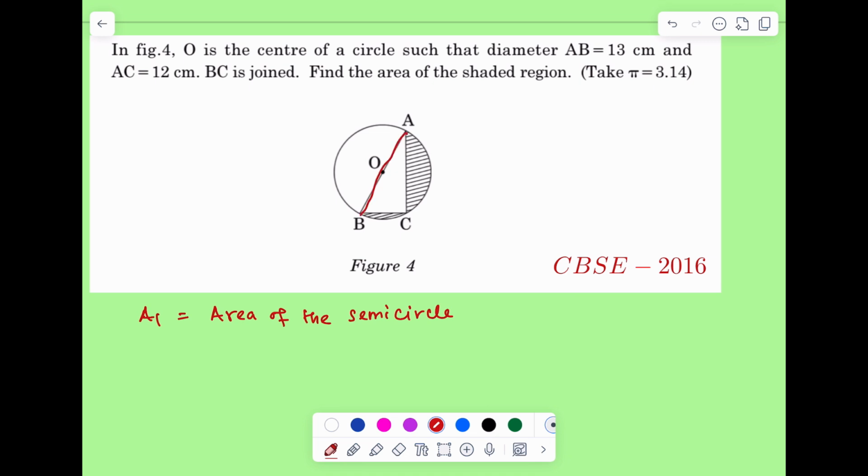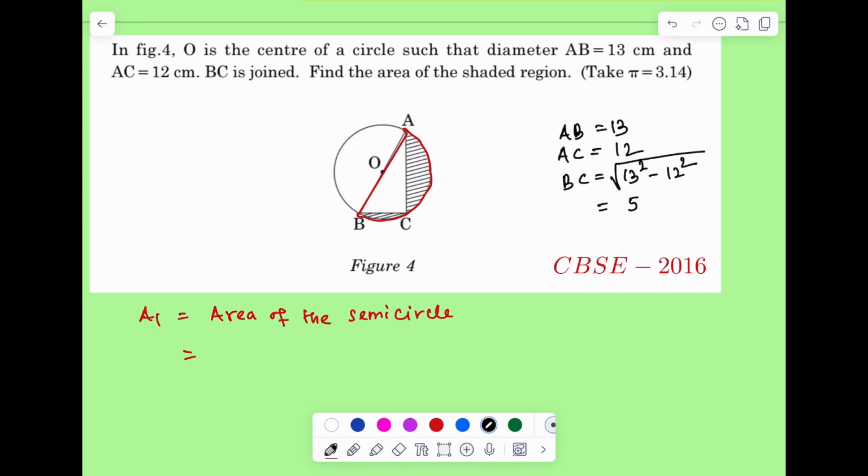Now AB is equal to 13, it is given, and AC is equal to 12. Now BC will be equal to the square root of 13 square minus 12 square, which is equal to 5.